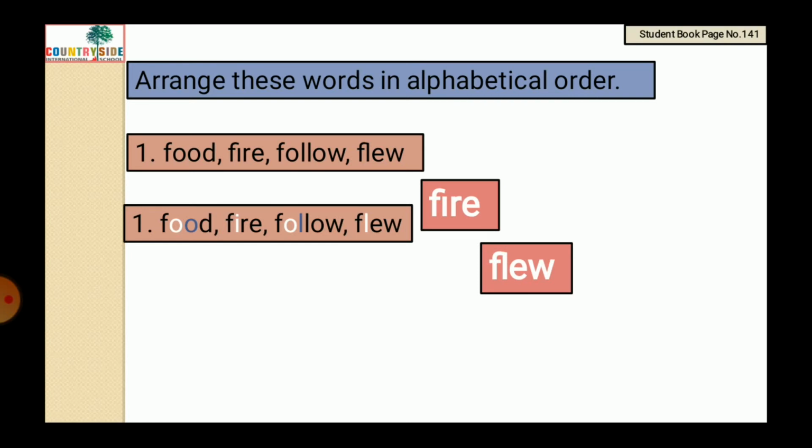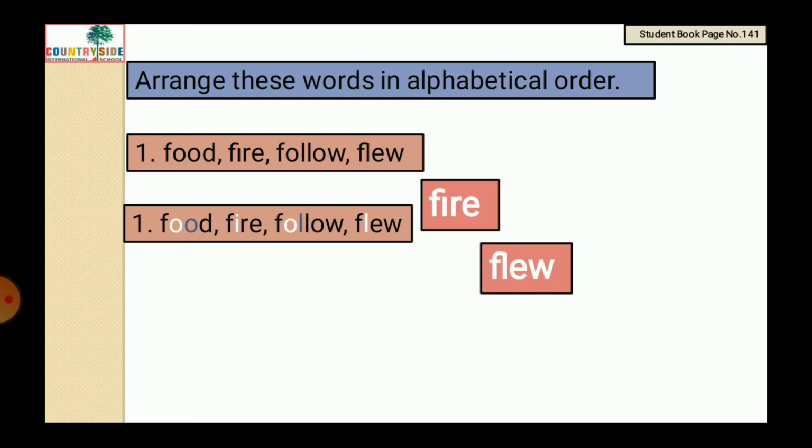Let's go ahead. A, B, C, D, E, F, G, H, I, J, K, L, M, N, O. We have reached O. But there are two words which have O as the second letter. So now we have to jump to the third letter. So what are the third letters in both the words? It is O in food, whereas it is L in follow.